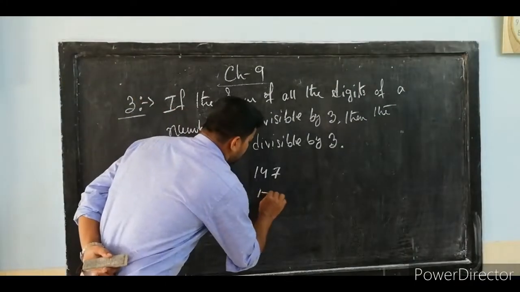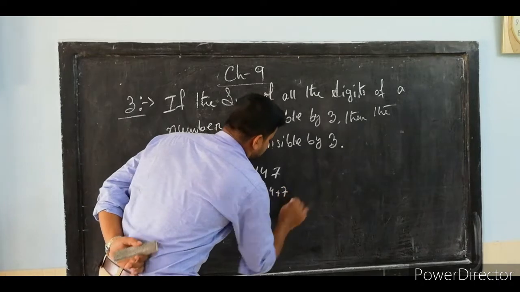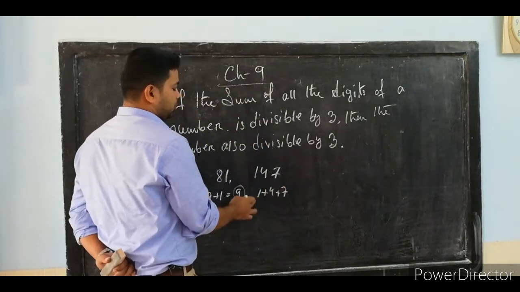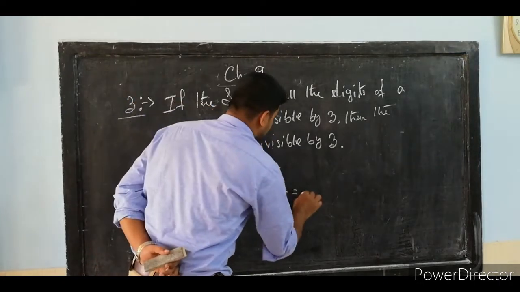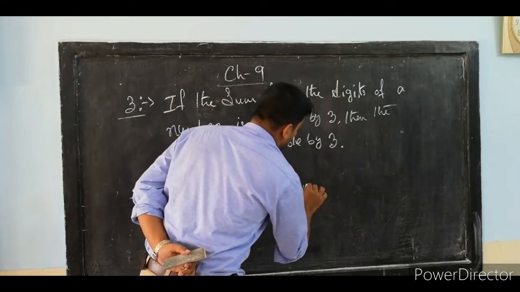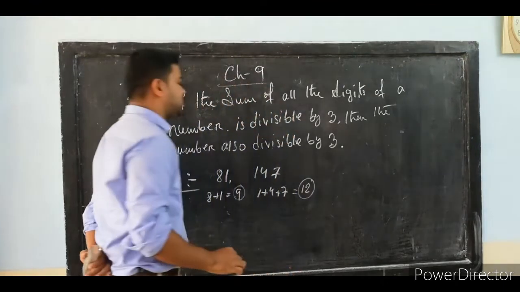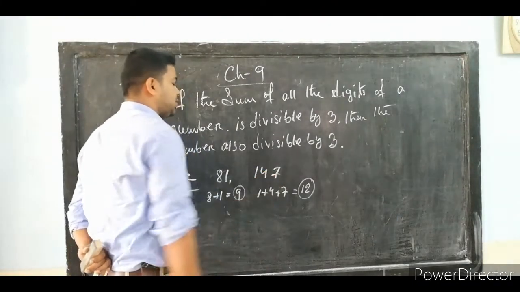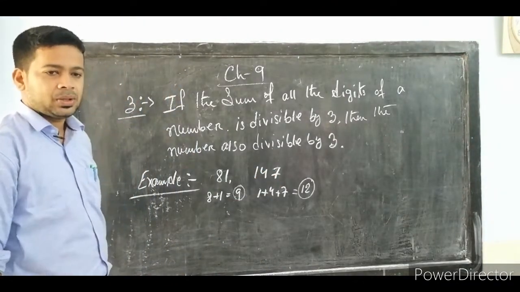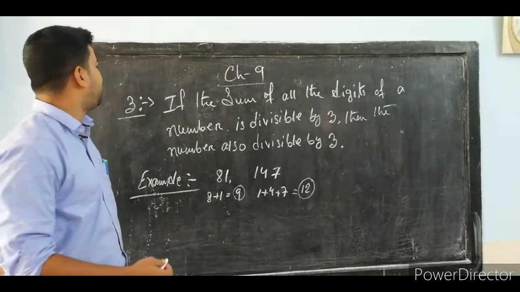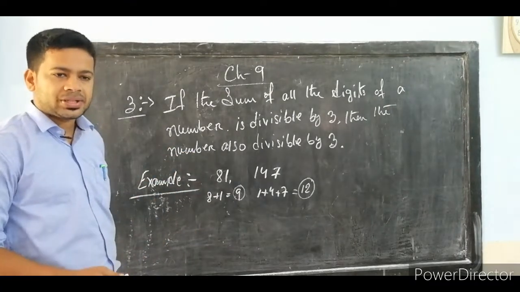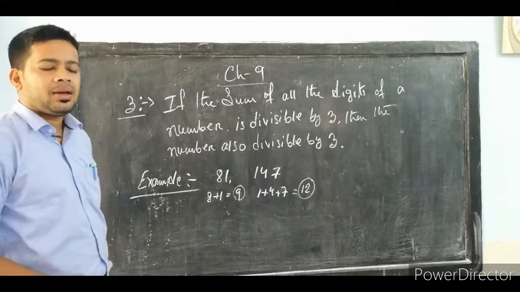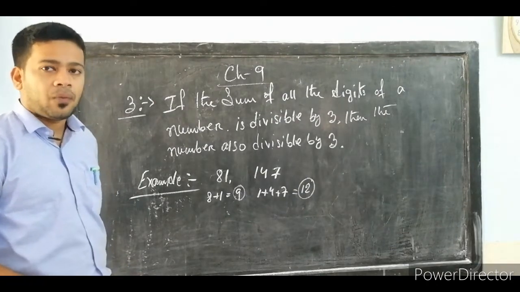We will do 1 plus 4 plus 7. How much is 1 plus 4 plus 7? The sum is 7 plus 4, 11, plus 1, 12. So since 12 is divisible by 3, we can say the number 147 is also divisible by 3. So this is the divisibility rule of 3. I hope you understood.